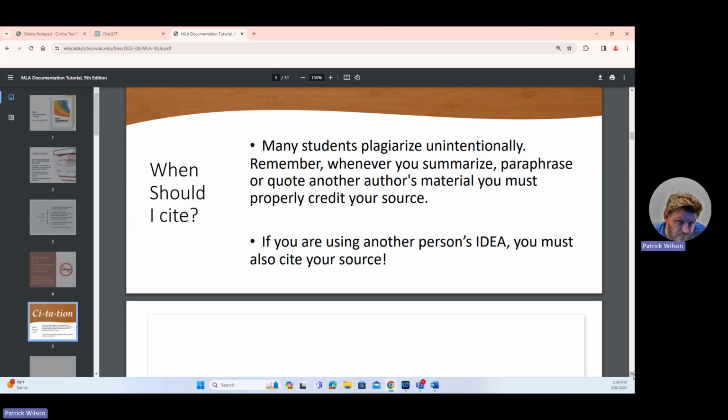But at the same point, you don't want to just change a couple words and leave a couple of the original words, because that's what they call patchwork plagiarism, where you only change a couple words and then leave a good string of the original. So be very careful of not doing that, because you will get caught when you turn it into the SafeAssign, because it's very good at flagging that stuff.